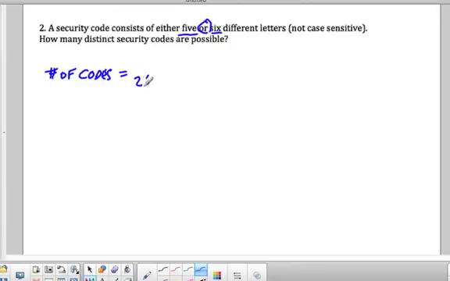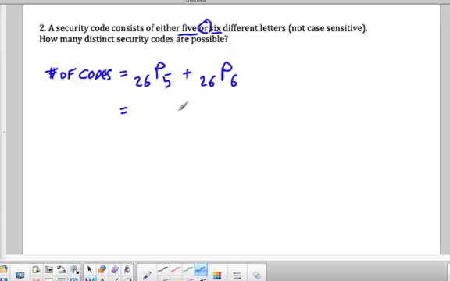We've got 26 letters to choose from. It doesn't say that there are any restrictions. So of the 26 letters that we have to choose from, we're going to pick 5. But we could also have 6-letter combinations. So it's going to be the permutation of 26, choose 6. And because the code's order is important, we have to use permutations.